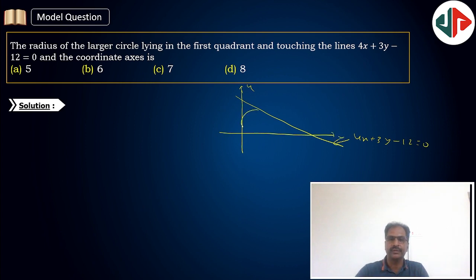You have to find the radius of the larger circle lying in the first quadrant and touching the axes. You may have one more circle like this outside the line, above the line. Below the line also we have a circle. You have to find the radius of the larger circle. This is the smaller circle. The larger will be outside the line.